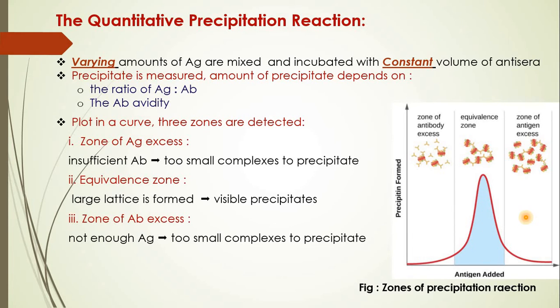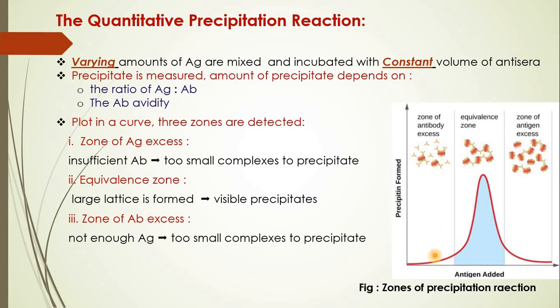When the antigens are in excess and antibodies are less in volume, obviously the precipitation reaction is not visible. In the third case, when antibodies are more and the antigens are very few, even in this condition, the interaction between antigen and antibody is not visible because of variation in the ratio of antigen to antibody.